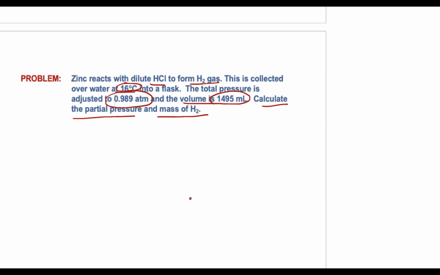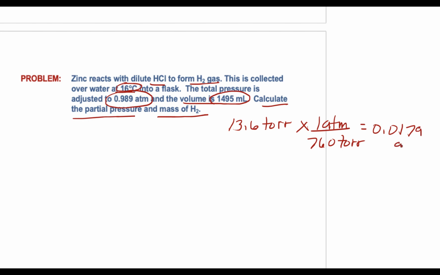So 13.6 torr. In order to subtract this from the 0.989 atmospheres, we'll need to convert this to atmospheres. So 760 torr is 1 atmosphere. So 13.6 divided by 760, and that's 0.0179 atmospheres. So now we can do that subtraction.